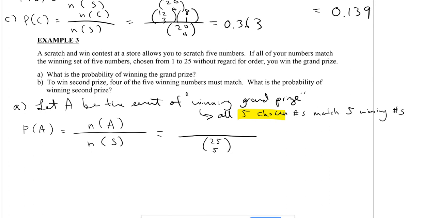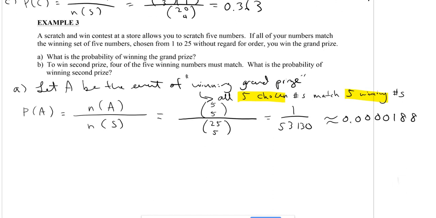How many choices do I have? Well, of the 5 winning numbers, I need to pick 5 of them. So 5 choose 5 is equal to 1, and the bottom is 53,130. If you use your calculator, you will get something almost close to 0, which makes sense because it's very unlikely to win the grand prize in any lottery.